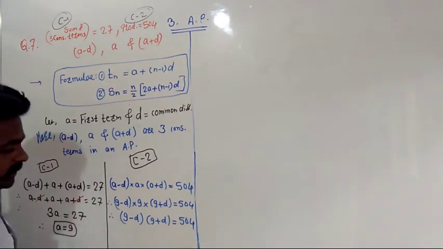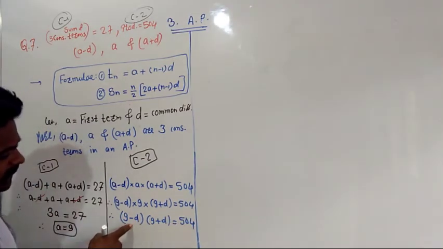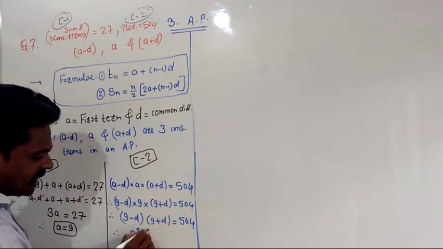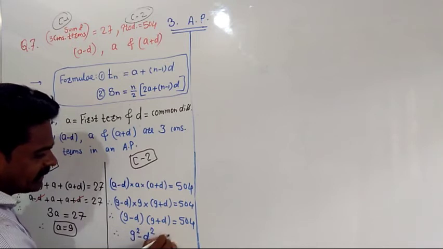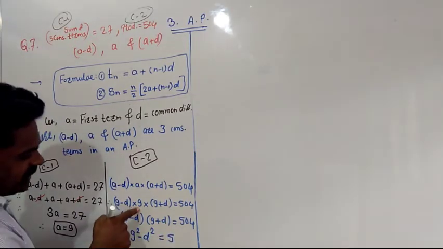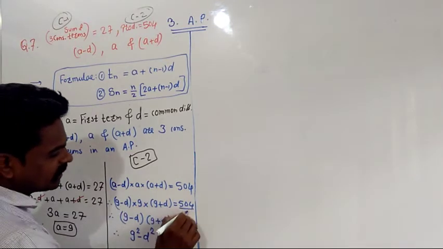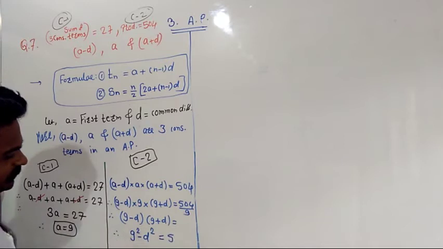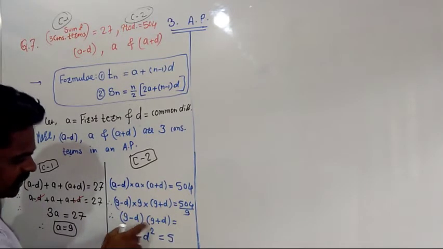Now see, 9 minus d into 9 plus d will become 9 square minus d square, and it is equal to 504. One thing left: this 9 is in multiplication, so it will become division on the other side.